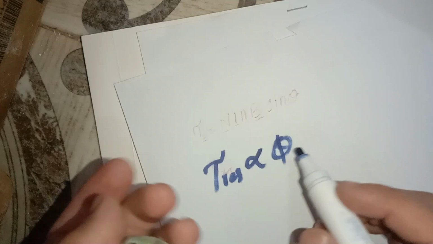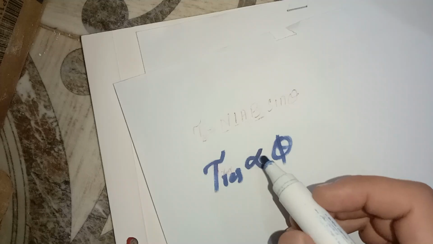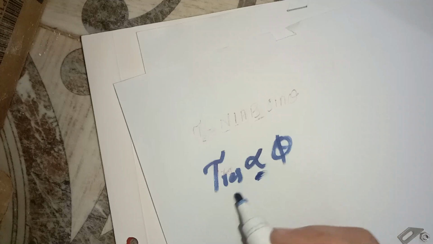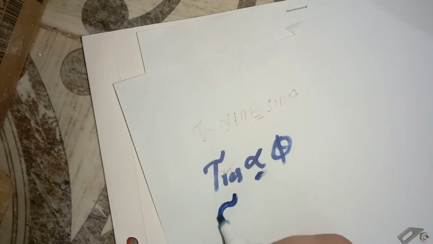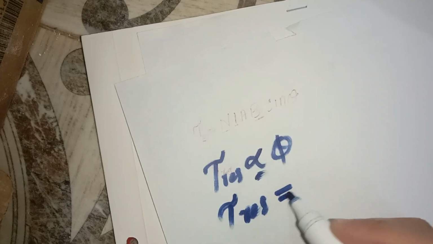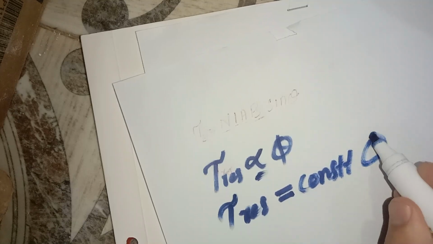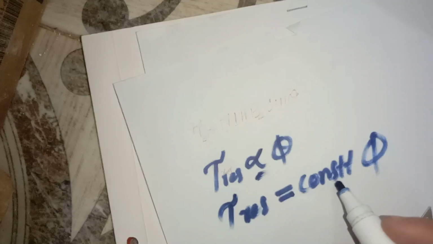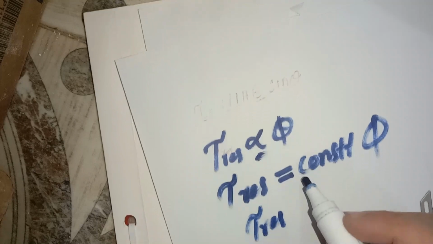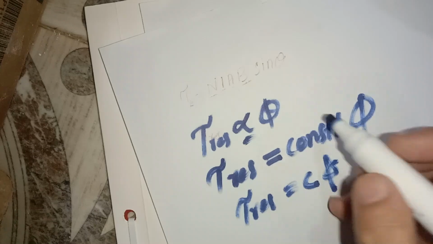So this restoring torque is directly proportional to phi. Instead of this proportionality sign, we will put equals a constant, and instead of this constant we will put C. So tau restoring is equal to C phi.